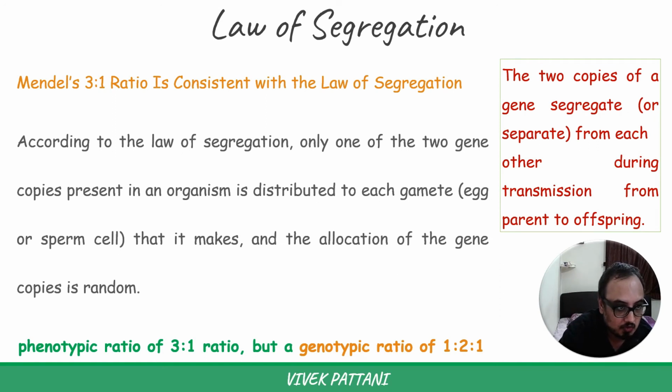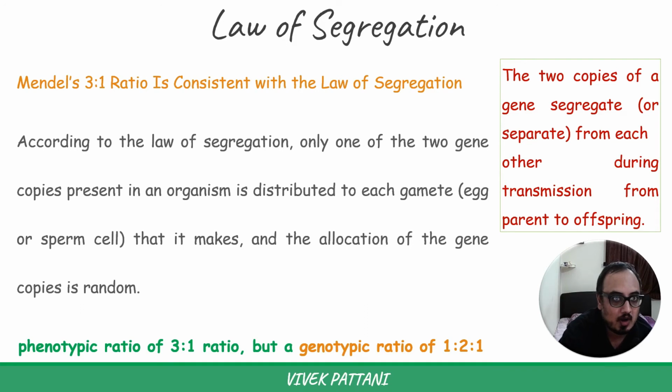And next one is the law of segregation. This law is based on the fact that the alleles do not show any blending, that both the characters are recovered as such in the F2 generation. So one of these is not seen in the F1 stage. The parents contain two alleles during gamete formation.